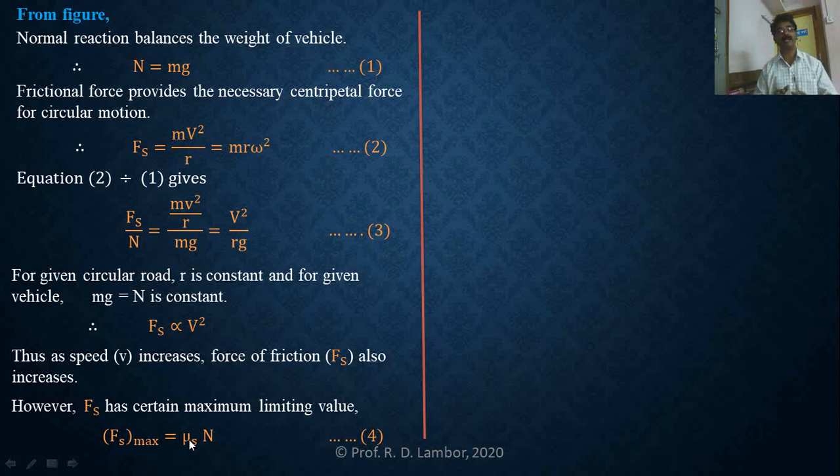So before that, we will consider here only the case of maximum limiting value of frictional force. If the frictional force has maximum limiting value Fs max, for that maximum value of frictional force, the speed of the vehicle has maximum value Vmax.